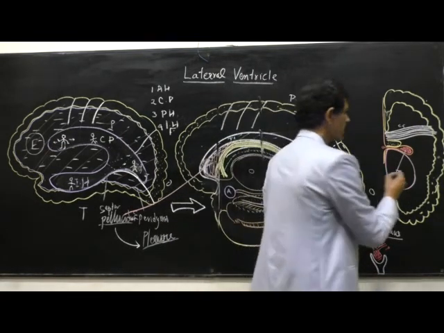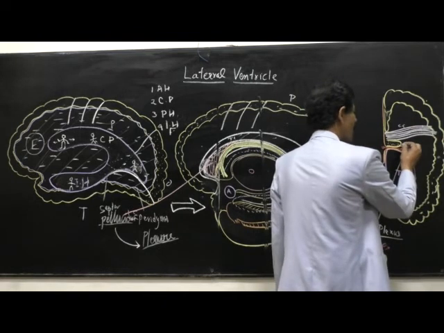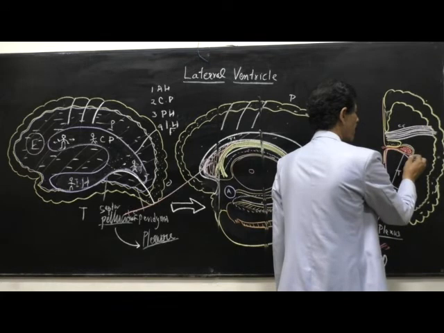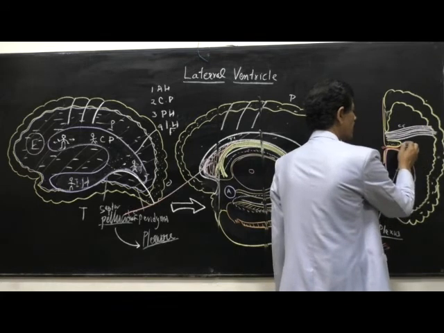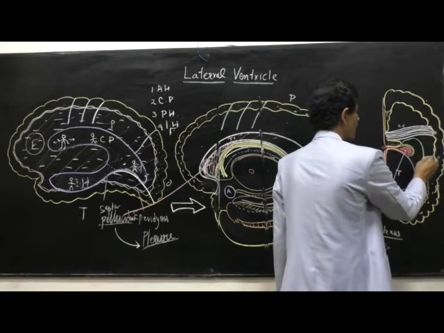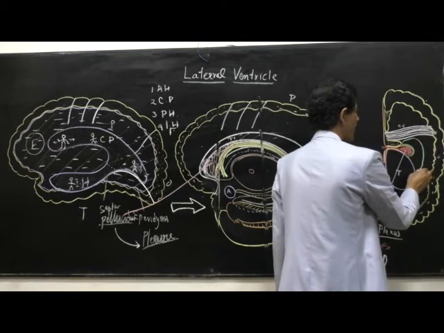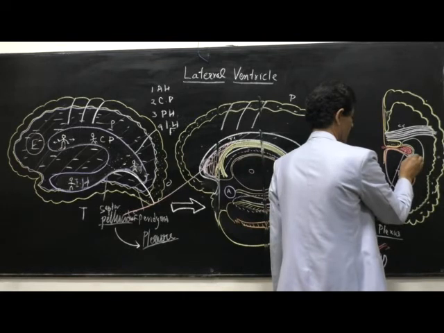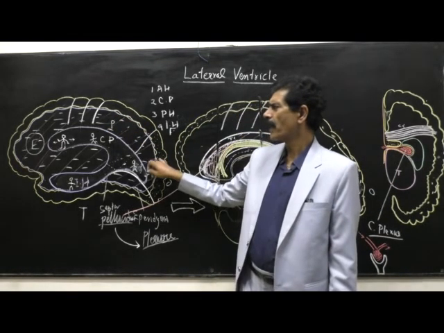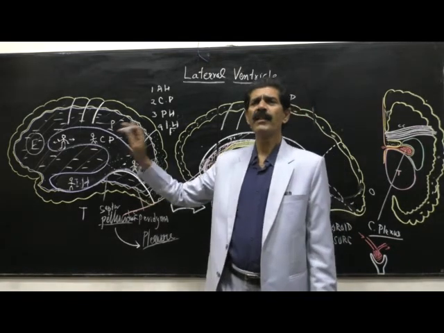here what happens is that the pia mater is touched by a single layer of what is called ependyma. Ependyma, as we have done, is the inner lining of the lateral ventricle.